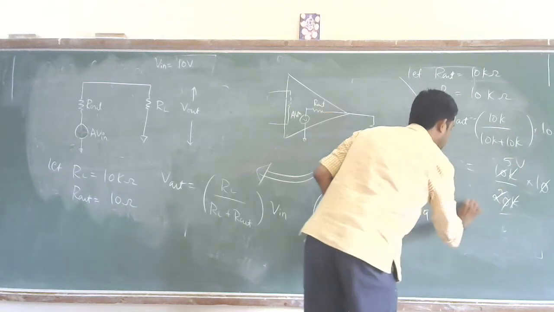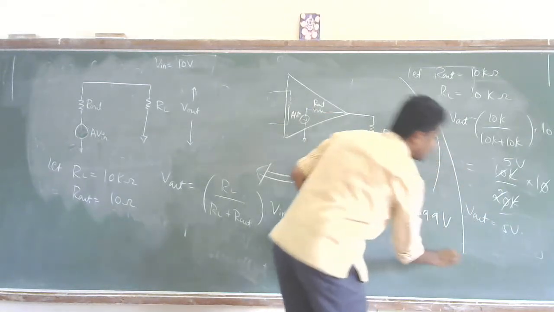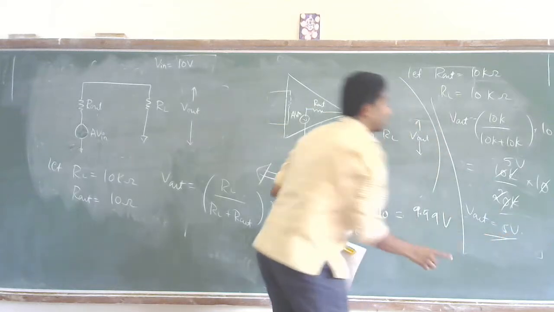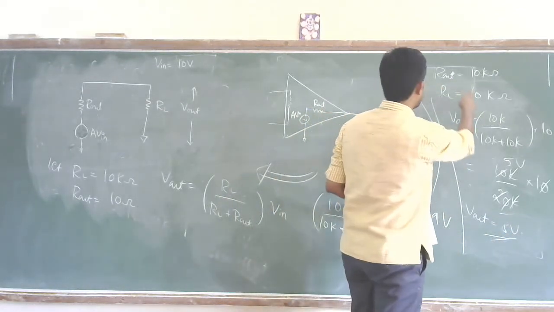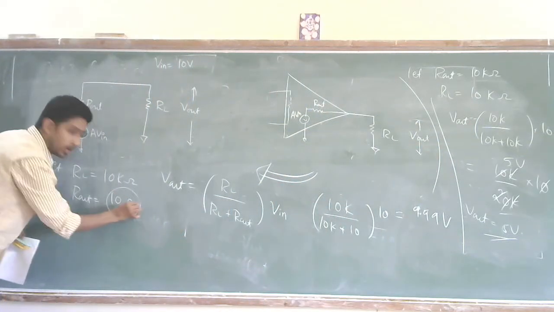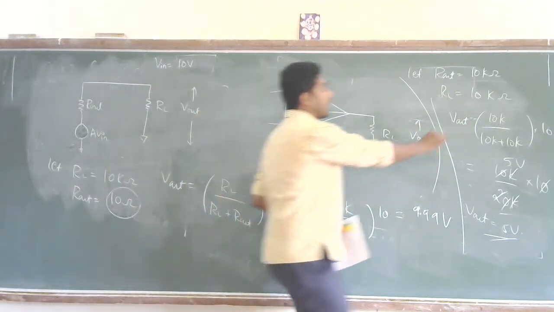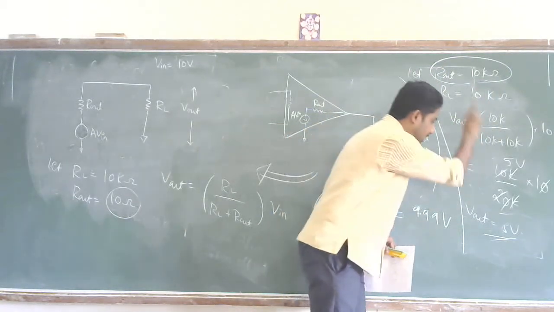The moment you increase the output resistance from 10 ohm to 10 kilo ohm, the output has a sudden dip.